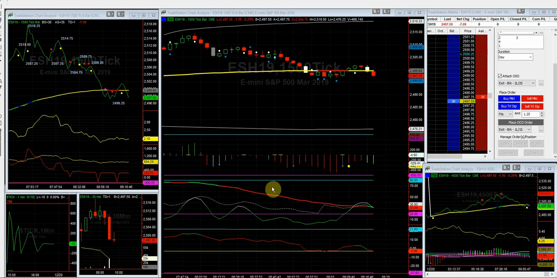Then we look down to the momentum oscillator and we see that the momentum clearly turned red right here, and we can correspond that to the effort falling to the supply side, and it turned red, and we see price dropping off below.